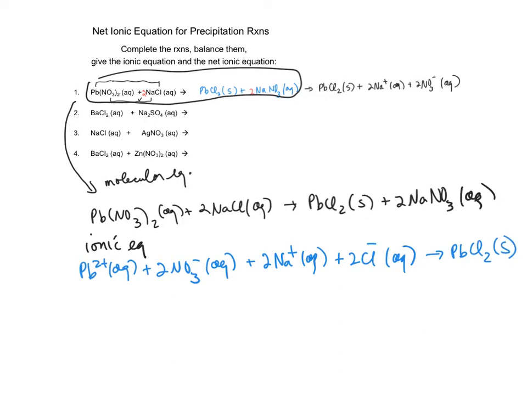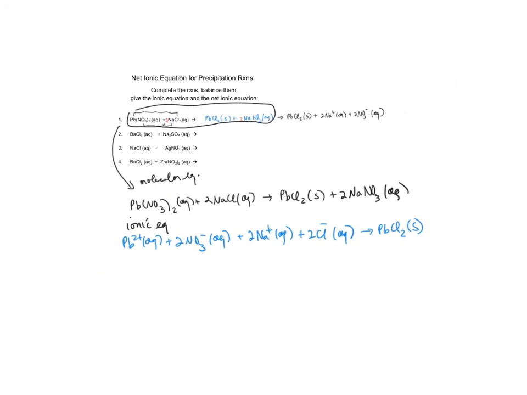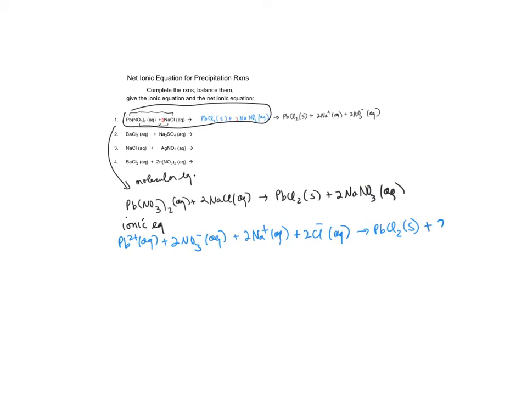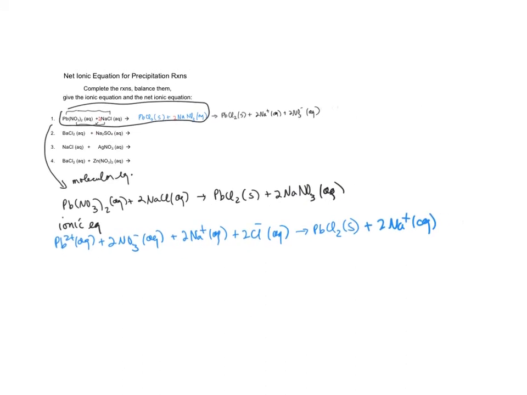You do not break that up when you write the ionic equation. And then you're going to write 2 sodium plus 2 nitrate like that. All right. Then you want your net ionic, rather.